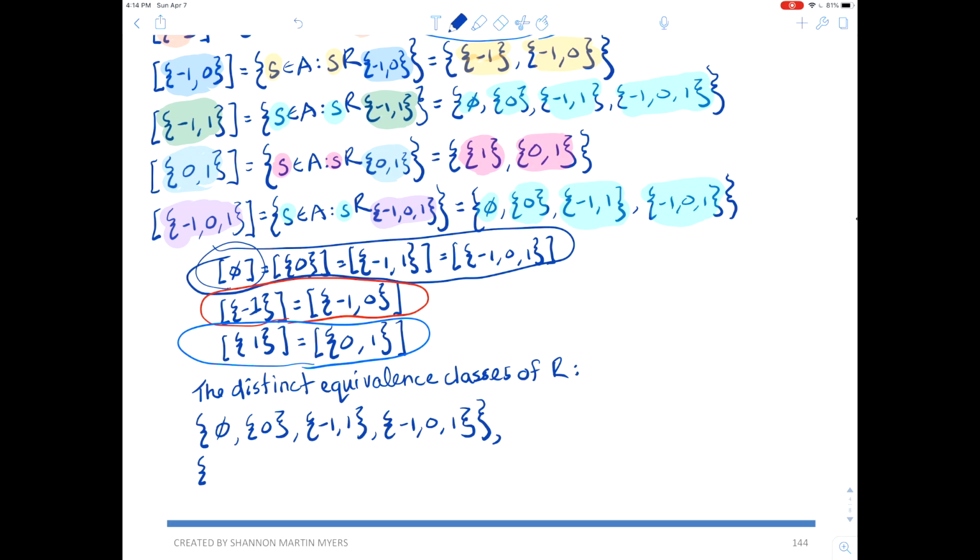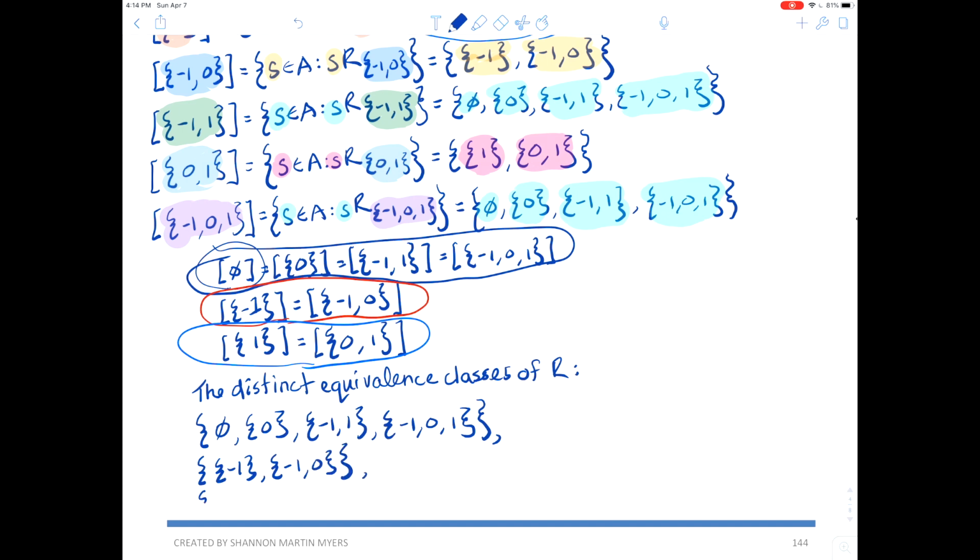The next set we'll write is the equivalence class of -1, or the class of -1, which is equal to the class of set {-1, 0}. They're both sets. And that's going to be the set that contains the element -1 and the set that contains the elements -1 and 0.